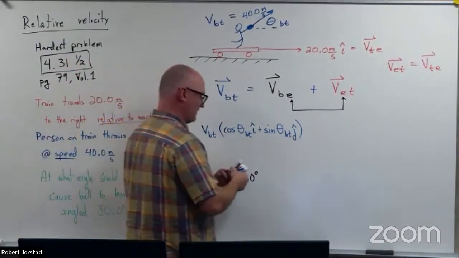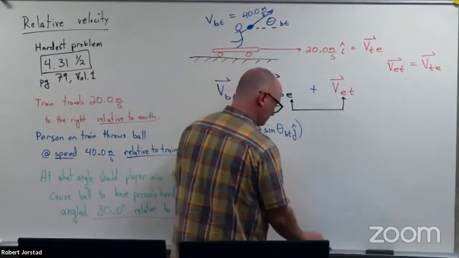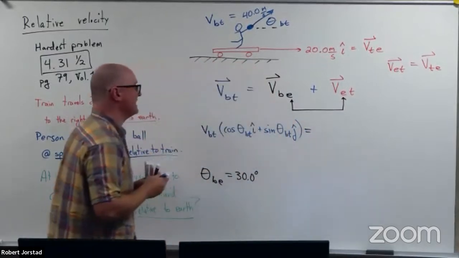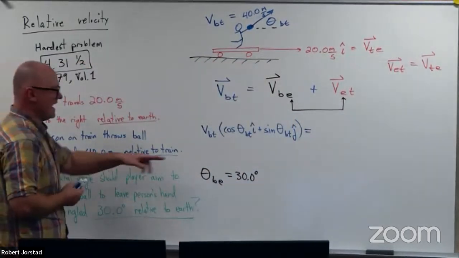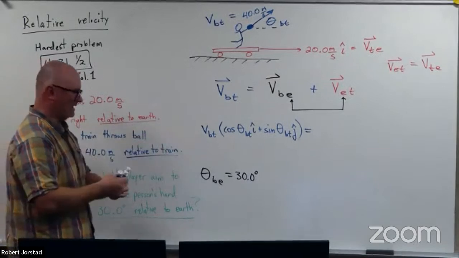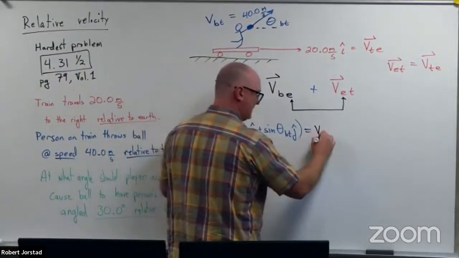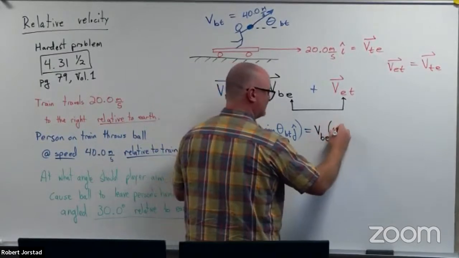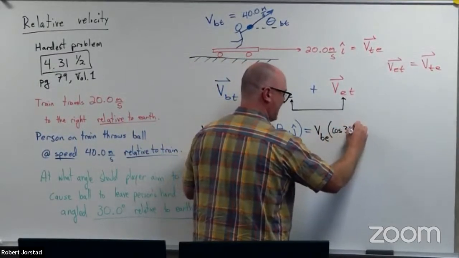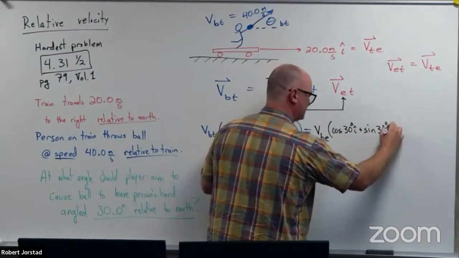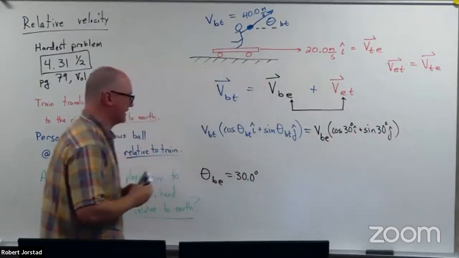Let's go to the next vector here. v_BE, I know the angle, but I don't know the speed. So that one I would write v_BE, which is an unknown, times cosine 30 in the i hat plus sine 30 in the j hat, and I should have the degrees on there.